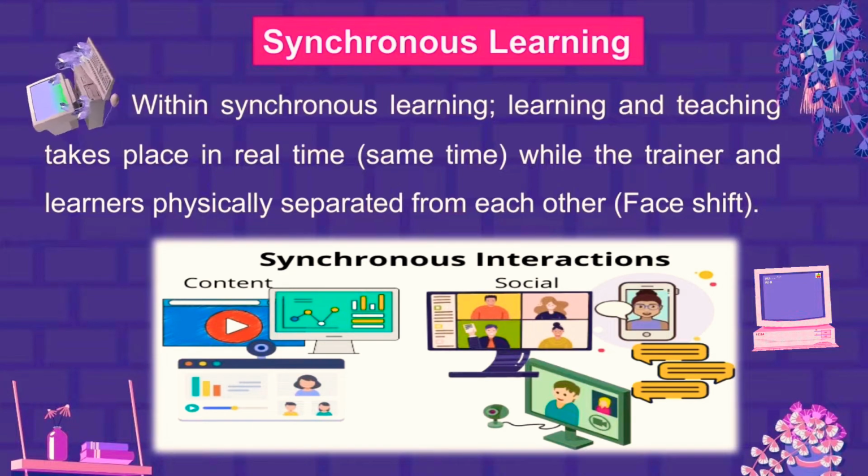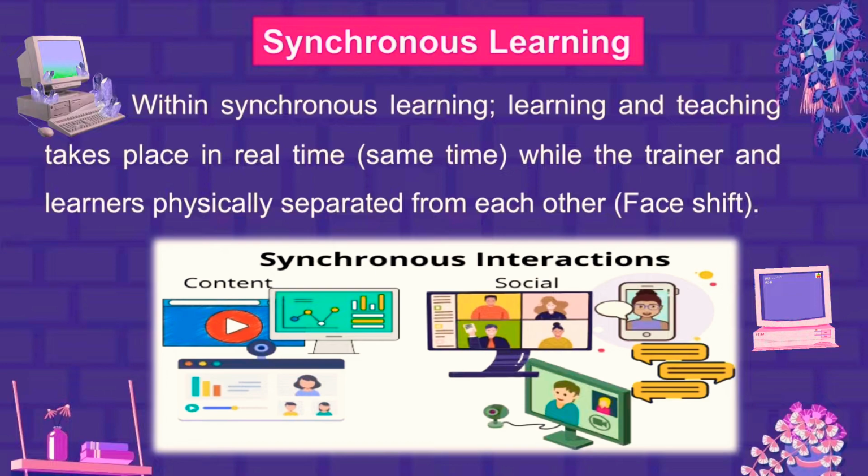So within synchronous learning, teaching takes place in real time or at the same time, while the trainer and the learners are physically separated from each other. So synchronous learning is a general term used to describe forms of education, instruction, and learning that occur at the same time but not in the same place.